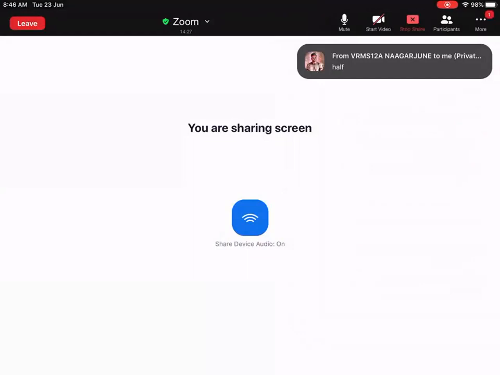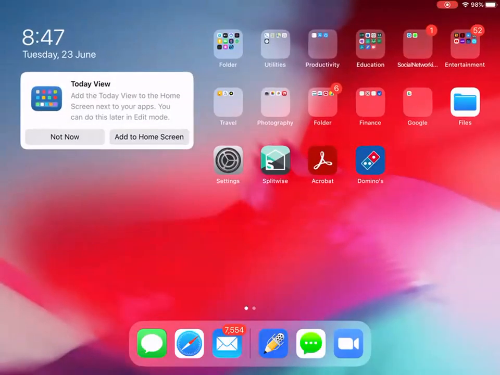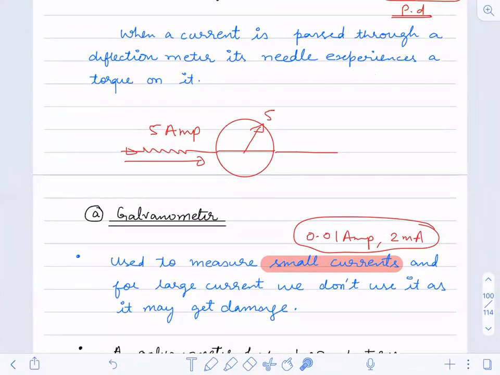Half. It is not full, it is just half. So this is not deflected full.